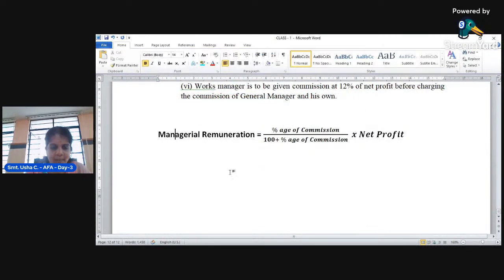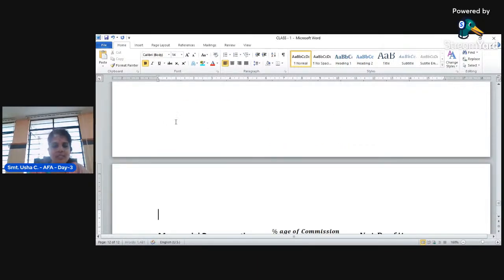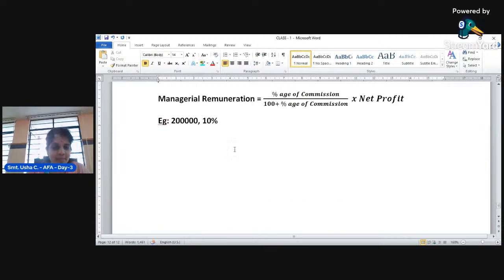Say for example, this is just an example, don't think that this is a problem I'm doing here. For example, the profit of 2 lakh rupees and a managerial remuneration of 10%. So how to do this?